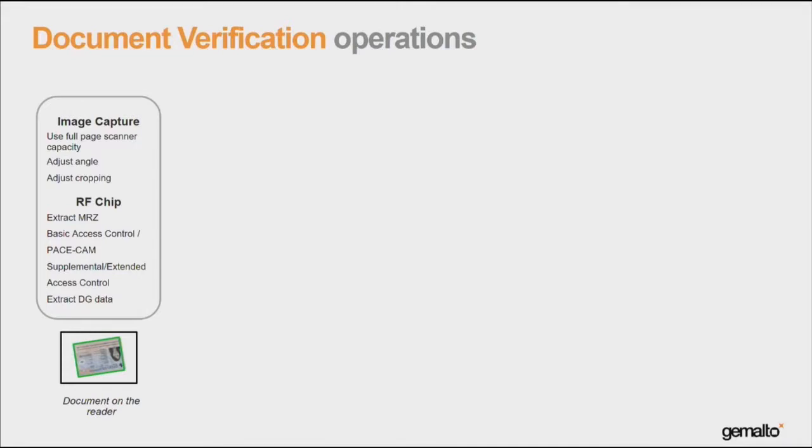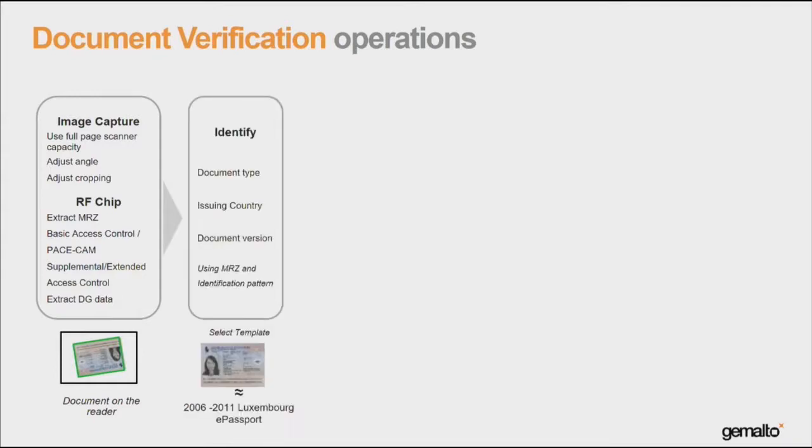The first step is the capturing of the data, so capturing the image. In this example, you see a document that's at an angle. That's all part of the capturing process, to be able to crop the image and straighten it. I include in there the RF processing to be able to retrieve the expected data groups.